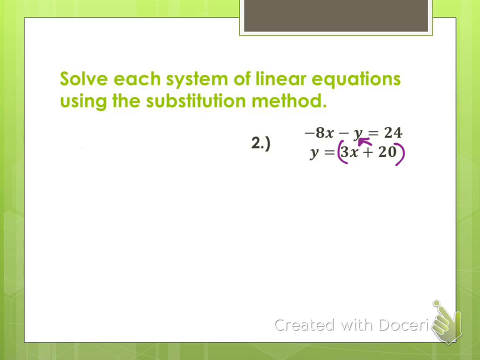So this time I will rewrite the top equation, negative 8x minus, for the y put in a big blank, equals 24. Inside that big set of parentheses, that blank that I left for y, I'm going to put the 3x plus 20. That can replace y because y is equal to it.